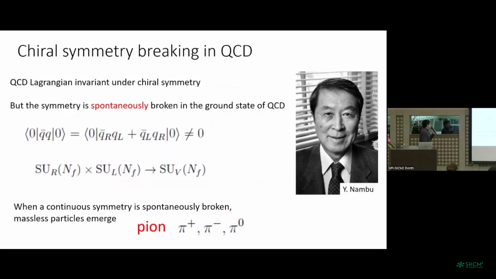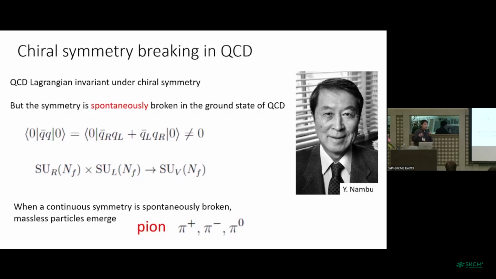However, this symmetry is actually spontaneously broken. This is Nobel Prize work by Nambu. The QCD Lagrangian is invariant under the chiral symmetry, but the symmetry is spontaneously broken in the ground state of QCD. In the QCD ground state, you have a non-vanishing condensate, a non-perturbative condensate that mixes the right-handed quark and the left-handed quark.